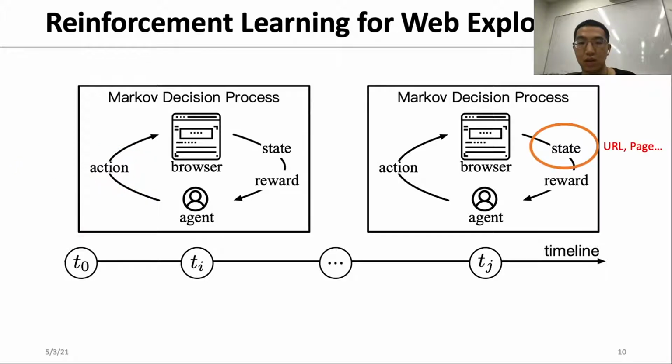The state shows the current state of the web, for example, the URL, the current HTML code, the actions that could be taken, and so on. The reward function shows the score of the current action regarding the final goal. Specifically, our goal is to find as many diversified states of the web application as possible.